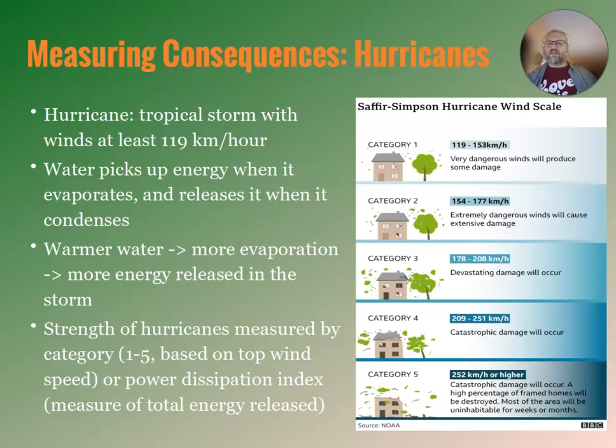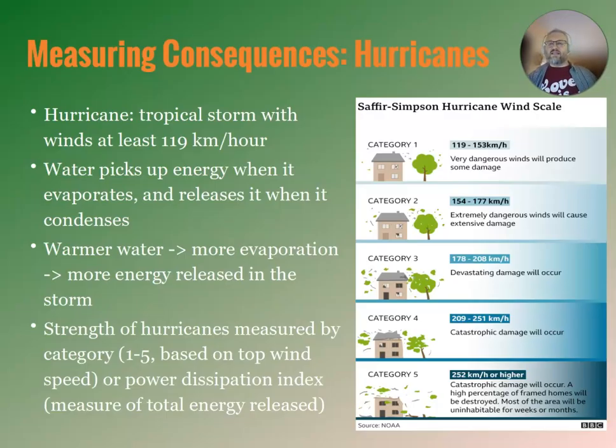And so this is using the Saffir-Simpson hurricane wind scale, which is just a set of categories based on the speed of the winds and also on the observable effects of those winds. So what kind of stuff are those winds blowing around? What kind of damage are they doing to buildings and trees and so forth, that allow us to determine how strong that hurricane is.